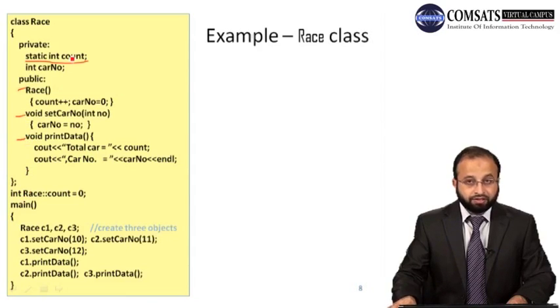For every static data member that is written inside the definition of the class, it must be defined and initialized with some value outside the class, like here, right? So you have to assign it some value, and you have to define it outside the class. In this definition, count is a static data member.